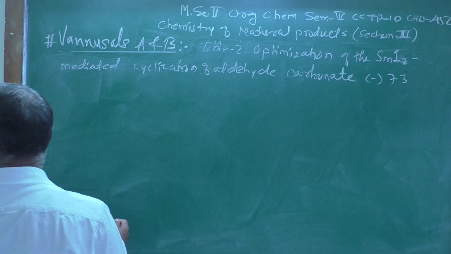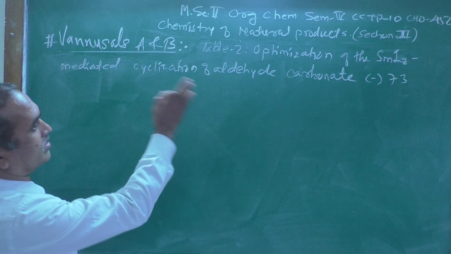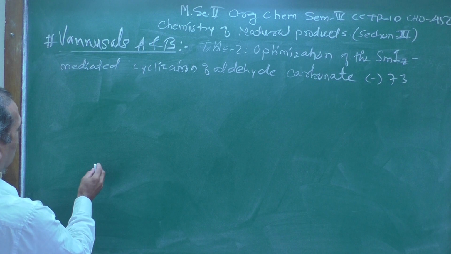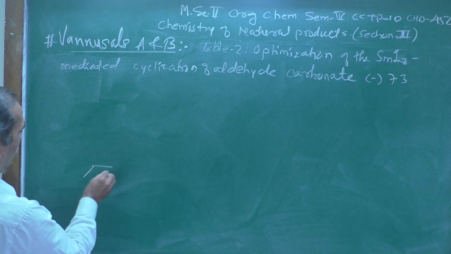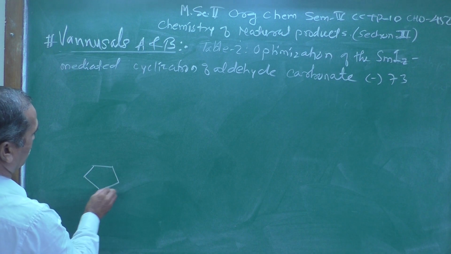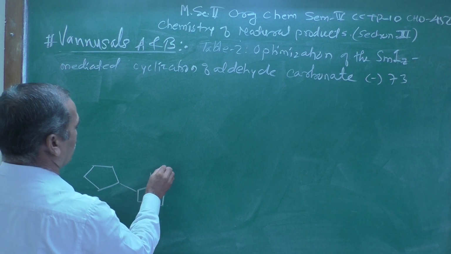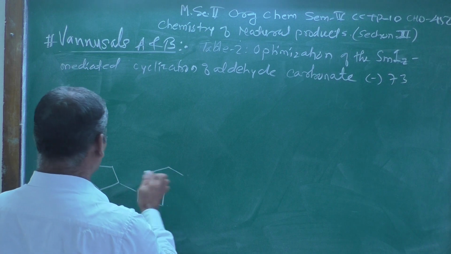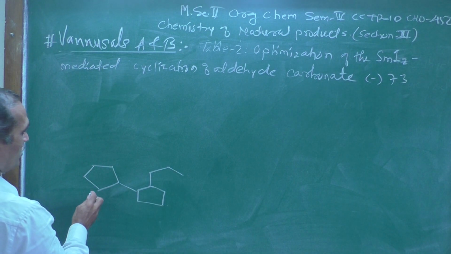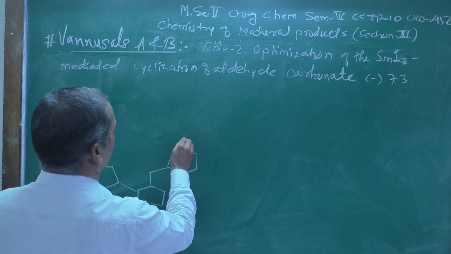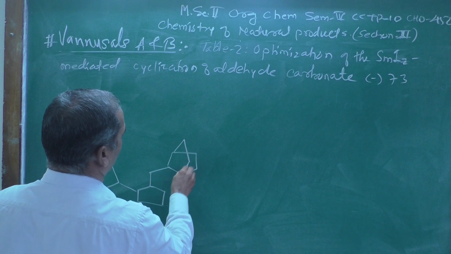But first of all, what would be the structure of 73 that we have already seen? Let us see it again one more time, the structure number 73, which we are showing over here.